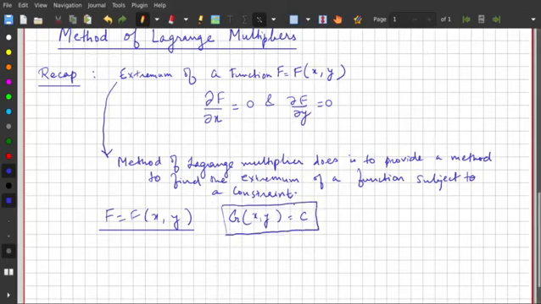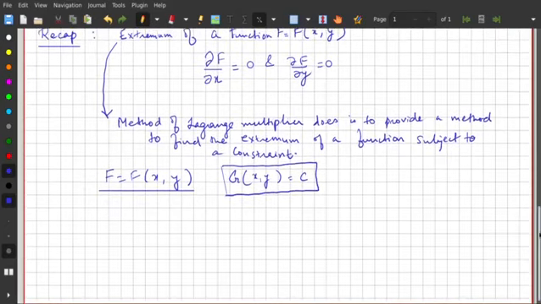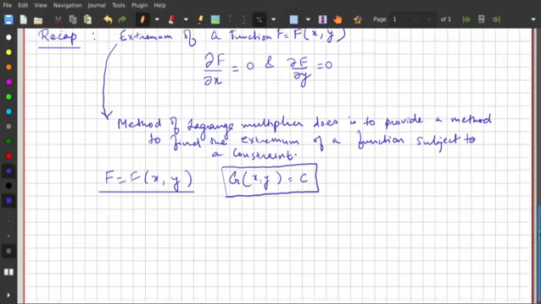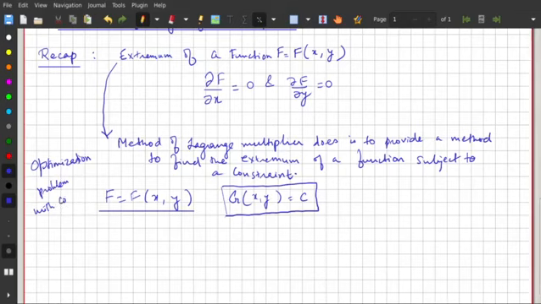There is a relationship between x and y that needs to be satisfied, and this belongs to the class of an optimization problem. So what we are actually solving is an optimization problem with constraints. Let's see what this method is all about, and we will generalize this idea.